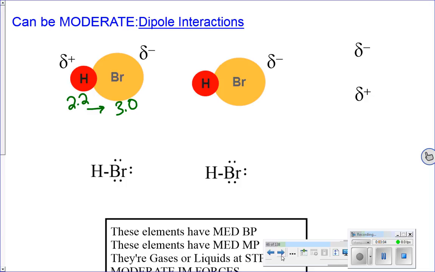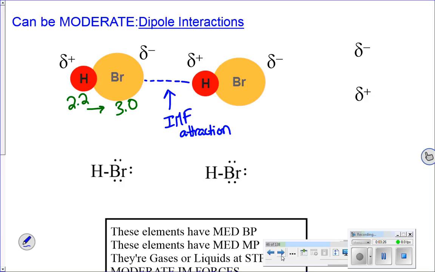The reason this happens is because hydrogen's electrons are being pulled towards bromine. So what that's going to create between these two molecules is an intermolecular force of attraction that we refer to as a dipole interaction.